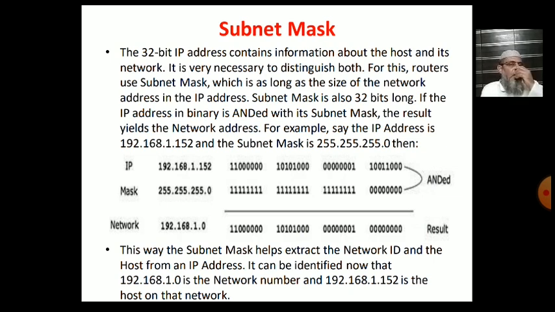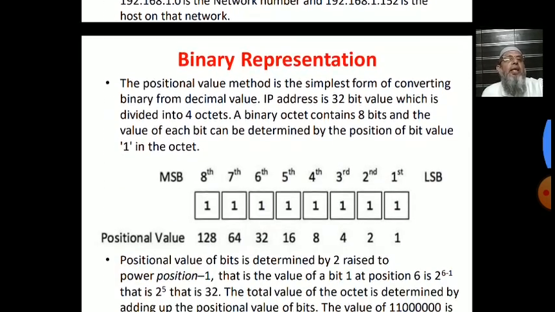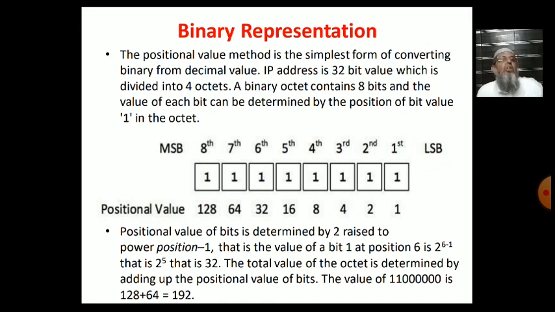So here you can see the network address is 192.168.1.0, and 192.168.1.152 is the host on that network. So 152 is the identifier of a particular host in that particular network. This is how we can calculate the values, by computing decimal to binary.